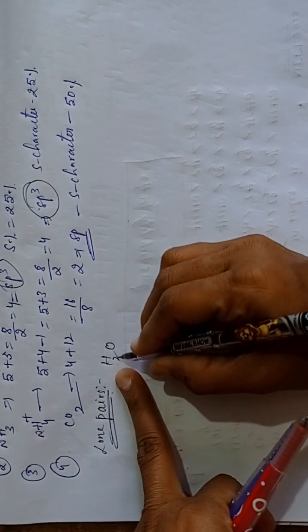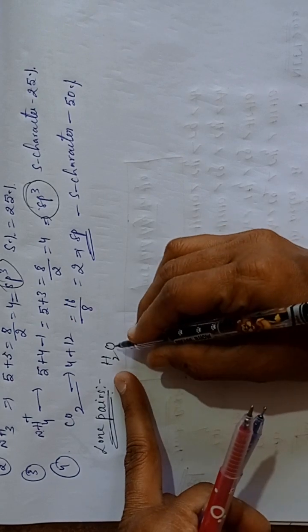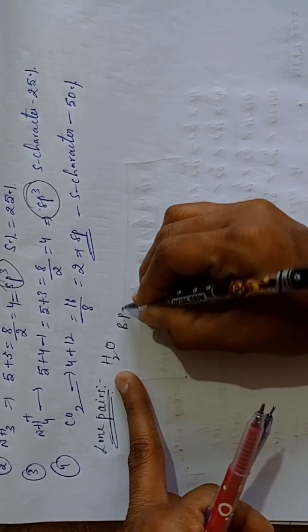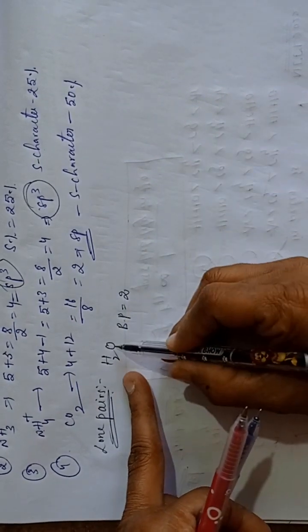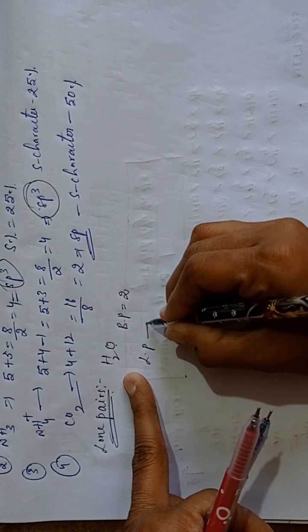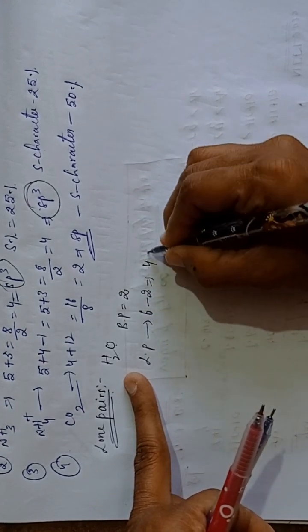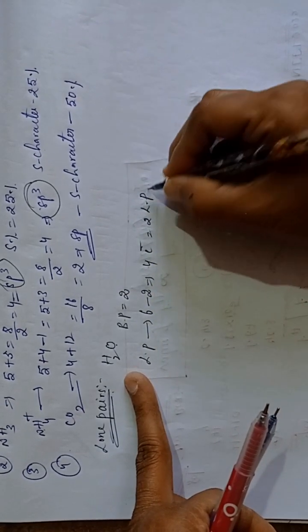How many lone pairs are there? First of all, how many bond pairs here? 2 bond pairs. Oxygen has 6 valence electrons. So 6 valence electrons minus the number of bond pairs, then you will get 4 electrons, which is 2 lone pairs.